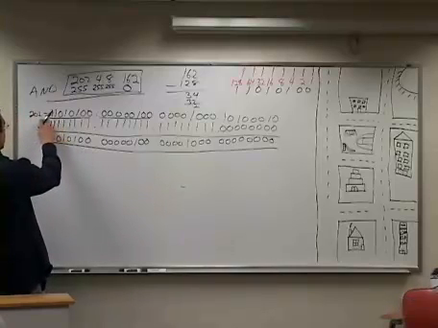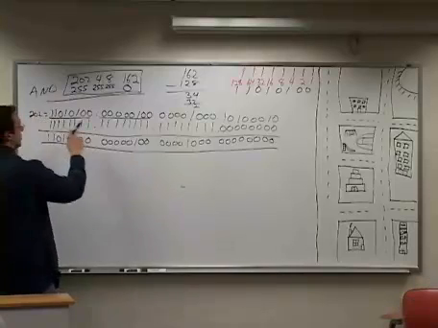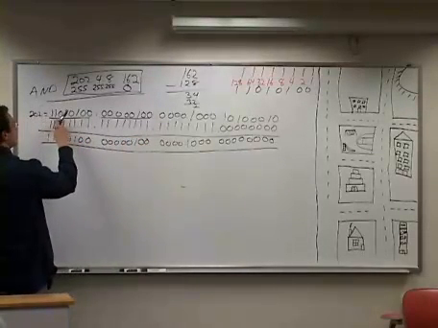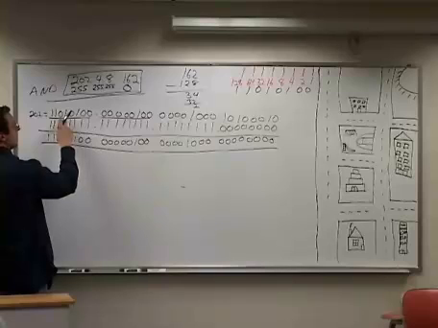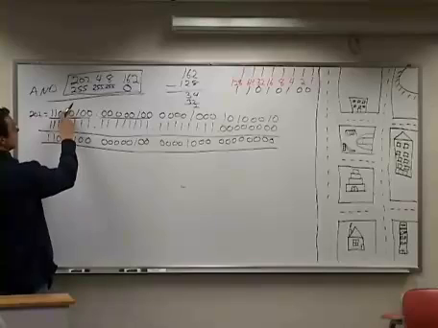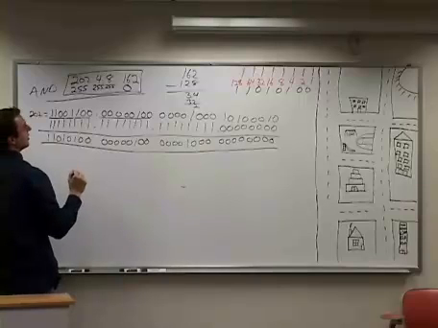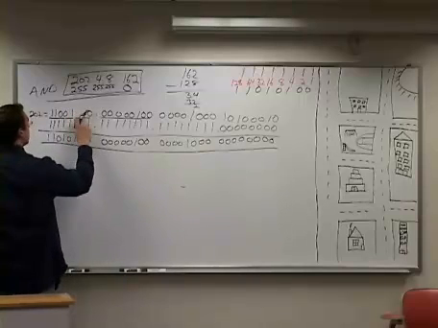My 202 is not correct, is it? 202 in binary is 192 and an 8, which is 200, and a 2.